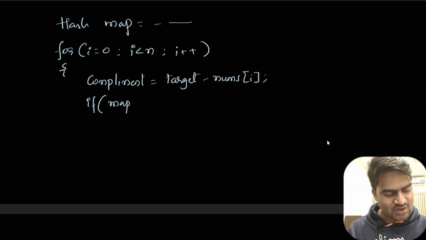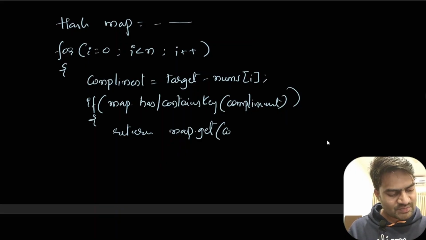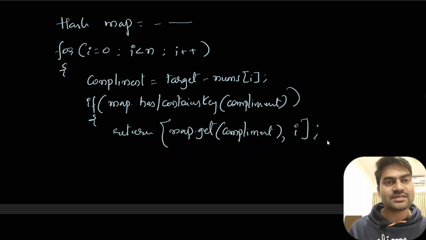So map dot has or contains key, then we will pass complement. If it is there, then we will return map dot get complement, comma our index i.